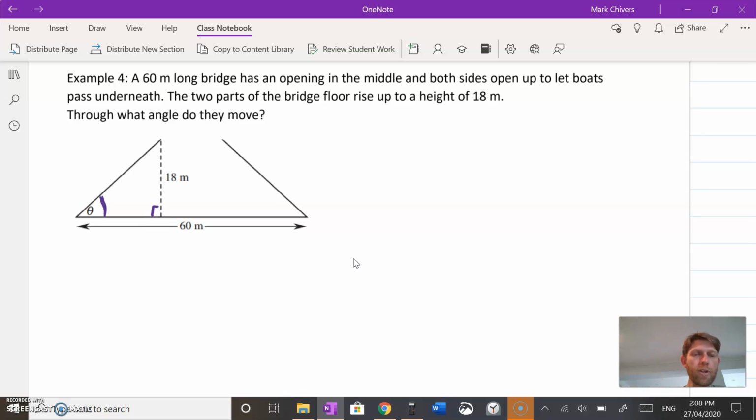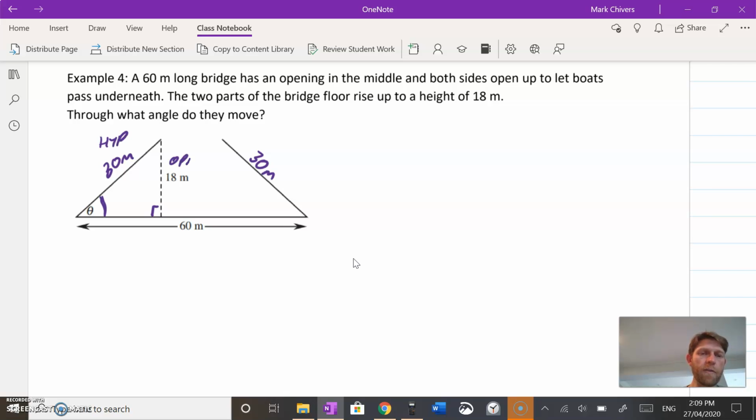Now, if the whole bridge is 60 metres, then each of the two sides as they open up must be 30 metres. Because when these two come back down again, they've got to equal 60 metres. So if I think about my angle, I've got a hypotenuse over here.